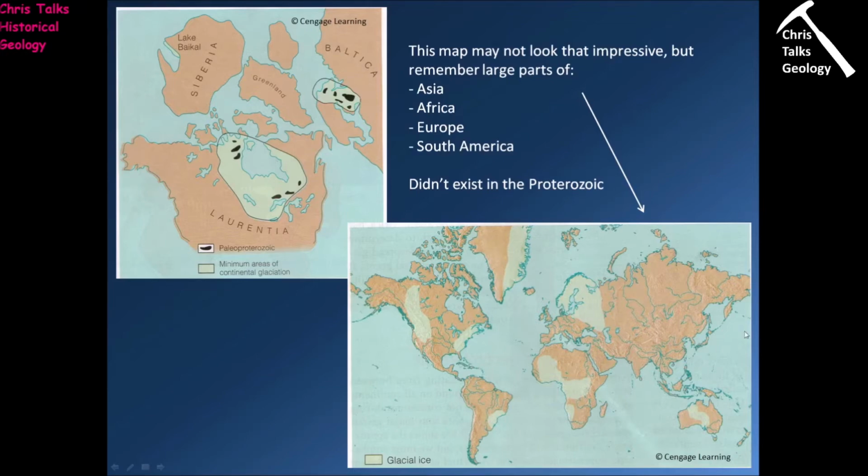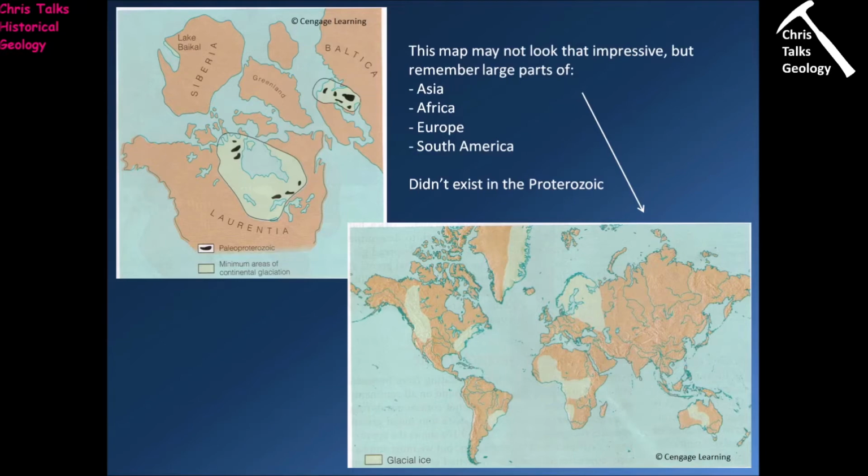Same goes for huge quantities of Asia. Europe didn't even exist. Europe doesn't really begin to make an appearance in a big way until all the way into the Mesozoic. So there are actually large parts of the globe that just weren't around in the Proterozoic, and so obviously if they weren't around, you can't deposit glacial sediments on top of them.